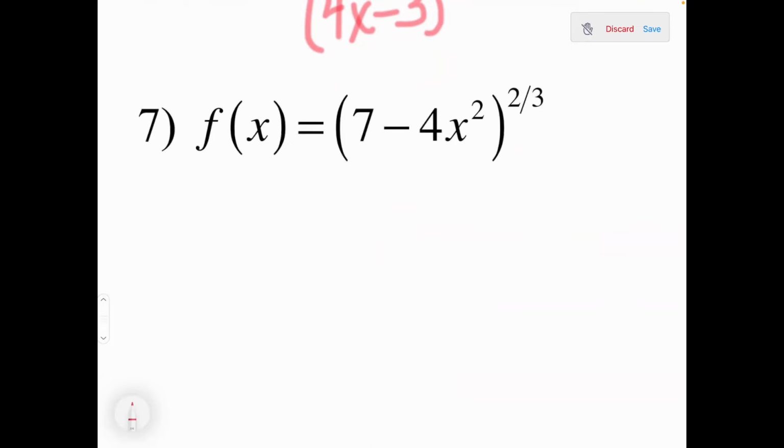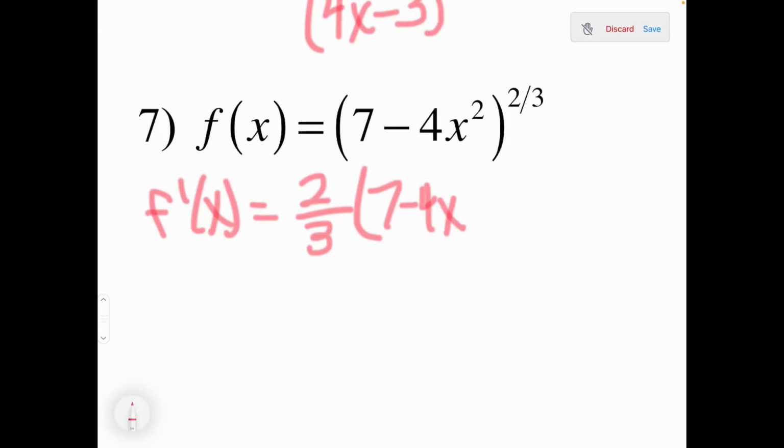Do number 7 in a similar fashion. f prime of x is equal to something raised to the 2/3 power. The derivative of that is going to be 2/3 times the something, which we're not going to change, and we subtract 1 from the 2/3, which would be minus 3 over 3, giving negative 1 over 3, times the derivative of the something. The derivative of 7 is just 0.